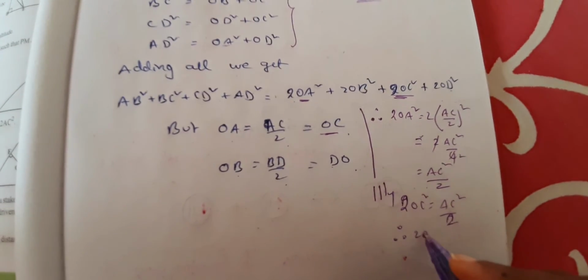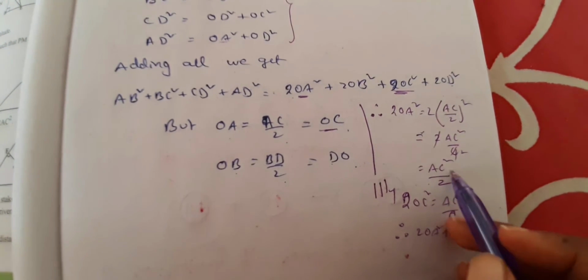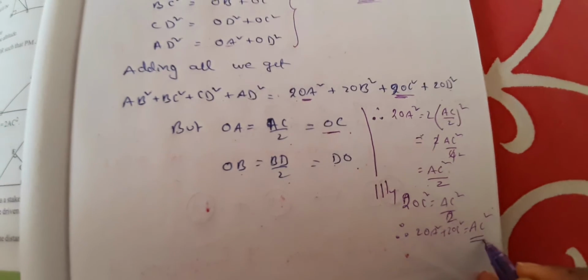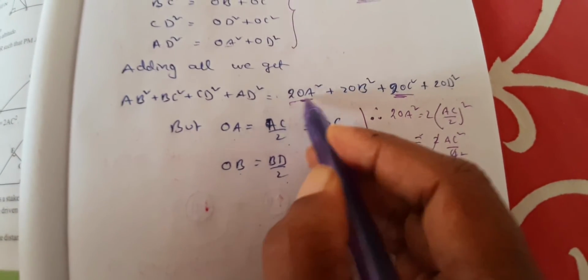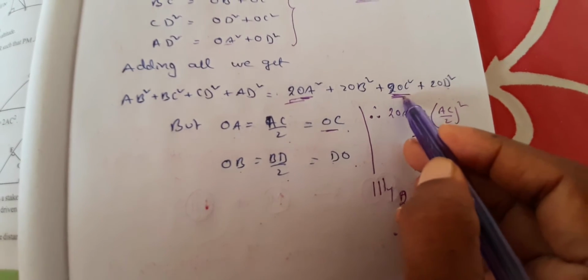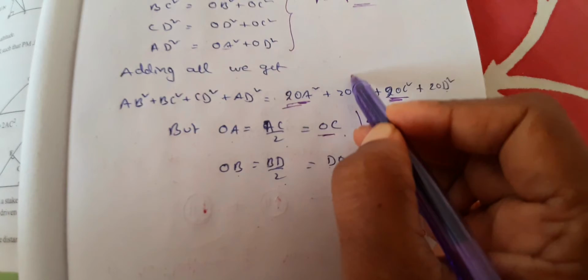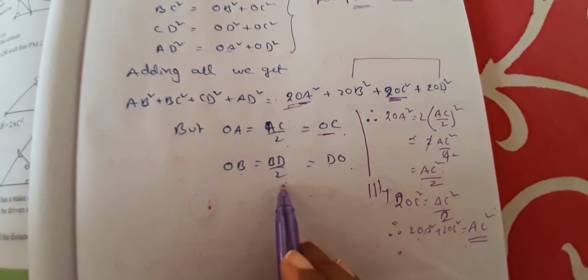Therefore, 2 OA square plus 2 OC square is equal to AC square by 2 plus AC square by 2, which is AC square. Right? Done. So, in place of 2 OA square plus 2 OC square, we got AC square.